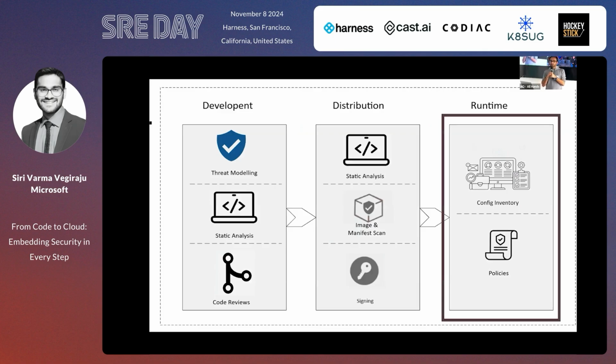Finally, what we have is runtime. While in the development and distribution phases the security checkpoints are limited, with runtime, there are quite a few options available. So I would recommend starting with the configuration inventory itself. When I say configuration inventory, it is about, for example, infrastructure components like your storage buckets or your Kubernetes clusters.